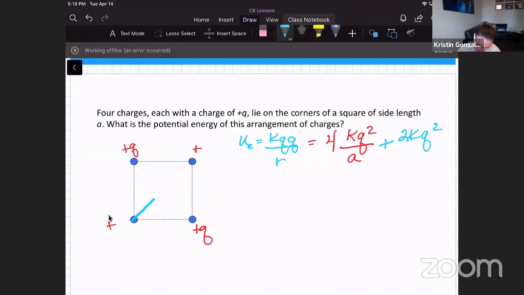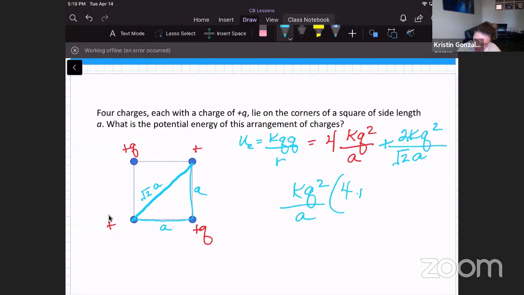So if this is our square, and this is A, and this is A, by the Pythagorean theorem, this is the square root of 2 times A. So this becomes over the square root of 2 times A. We can combine these together and pull out our KQ squared over A, and this becomes KQ squared over A times 4 plus 2 over the square root of 2.